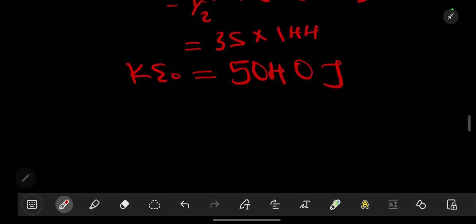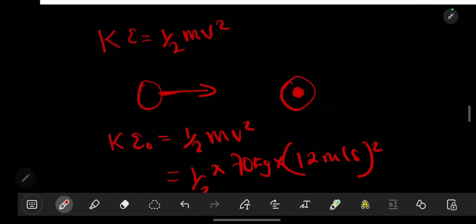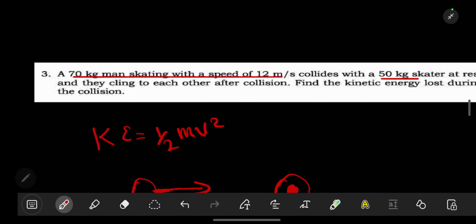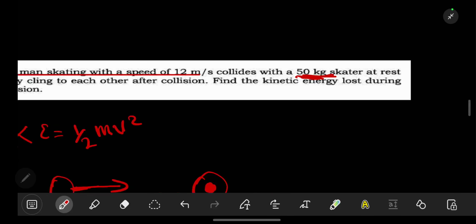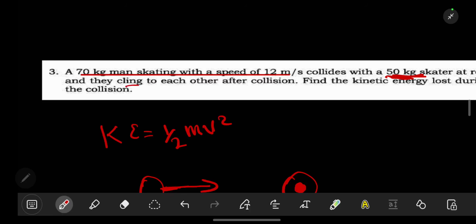Then what are we going to have for our final kinetic energy? We need to find that. They cling to each other, meaning they stick together as they move.